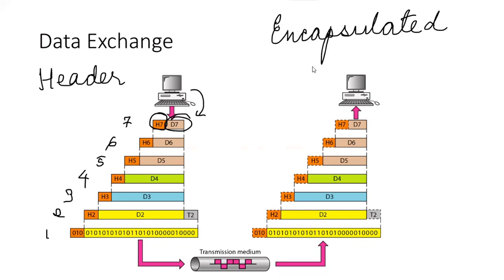In the header, some additional information is added by a particular layer. This is layer 7, that is the application layer. So D7 is the data generated by the user, and H7 is the header added by the application layer. Together, H7 and D7 become one unit, and that will go to the lower layer, which is the presentation layer.